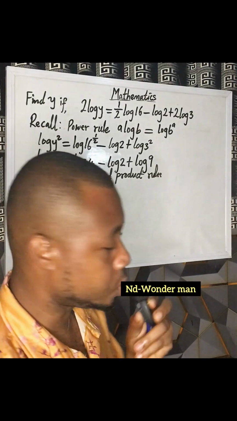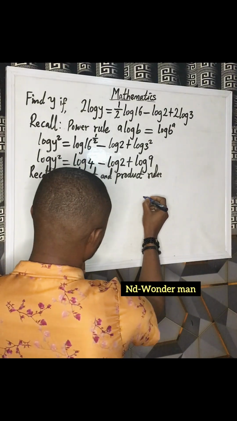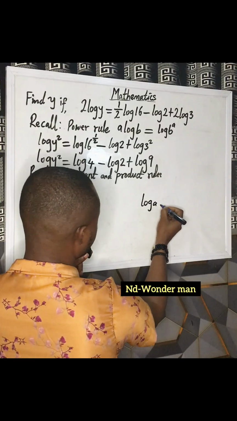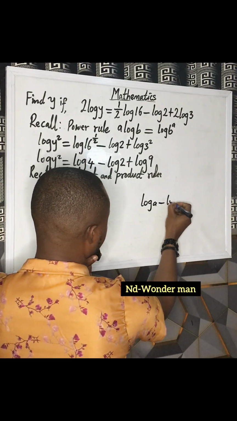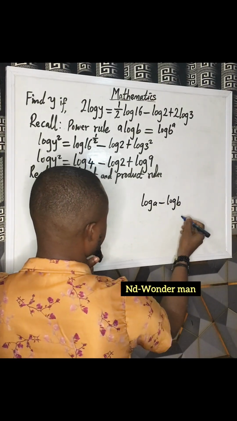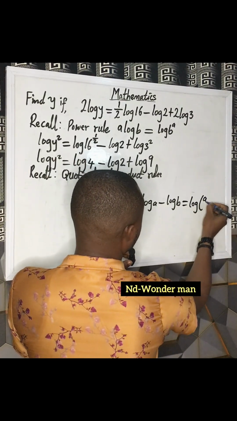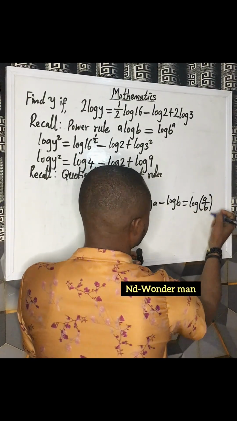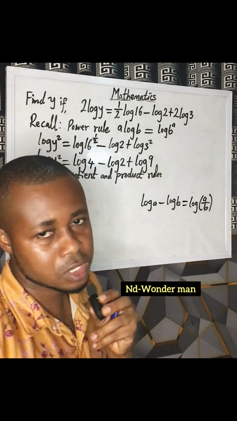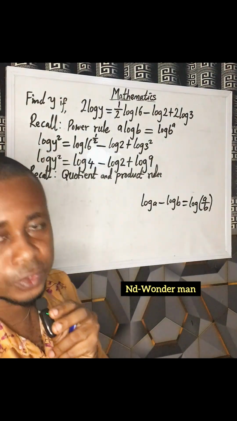Now in quotient rule, if you have log a minus log b, log a over b, that is what quotient rule has for us.